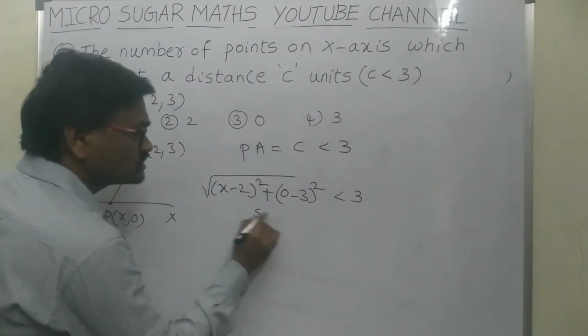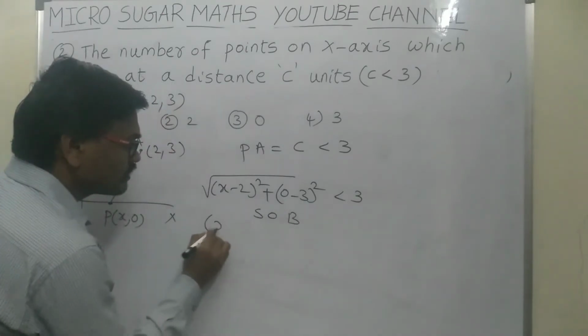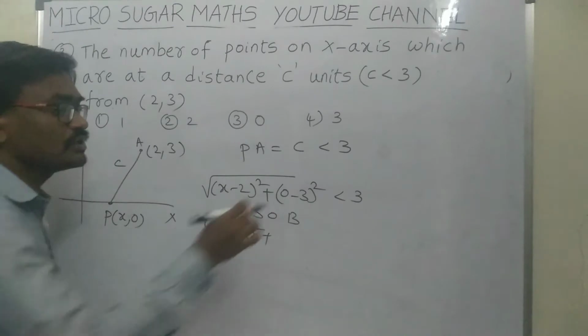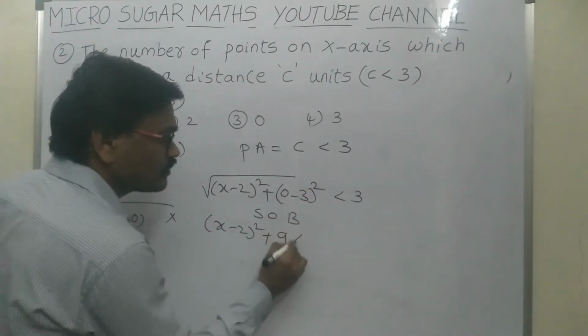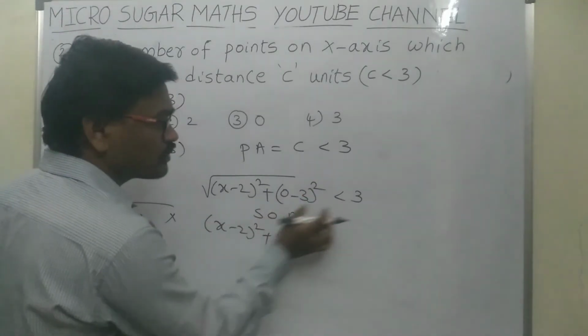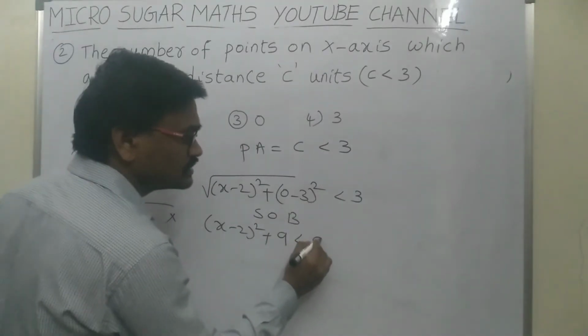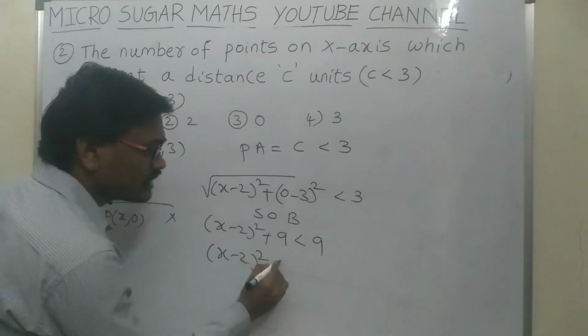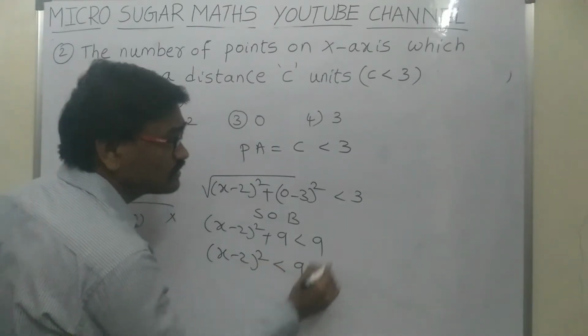Now squaring on both sides, you will get (x minus 2) whole square plus (0 minus 3) whole square, that is (minus 3) whole square, value 9. Because of squaring on both sides, the right side value is 3 square, which means 9. (x minus 2) whole square plus 9 is less than 9.